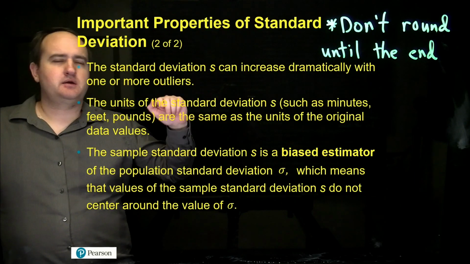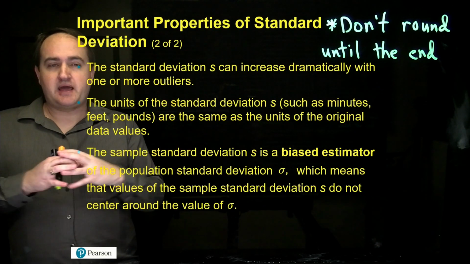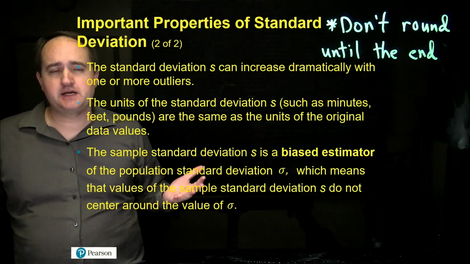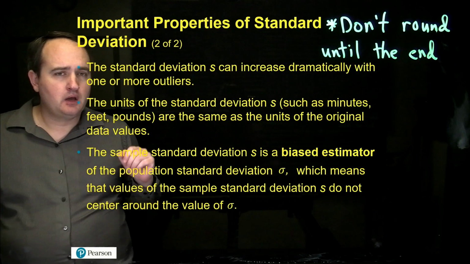But what they're saying here is if there are outliers, it does dramatically increase the standard deviation. However, it's still a lot more resistant than the range.